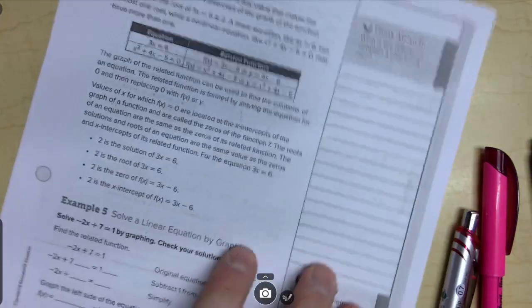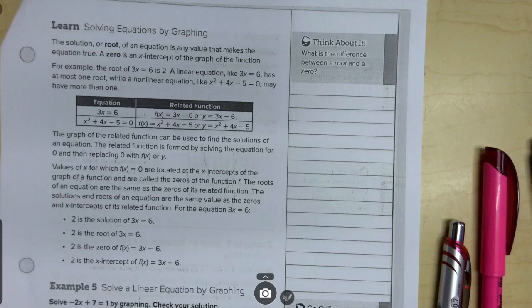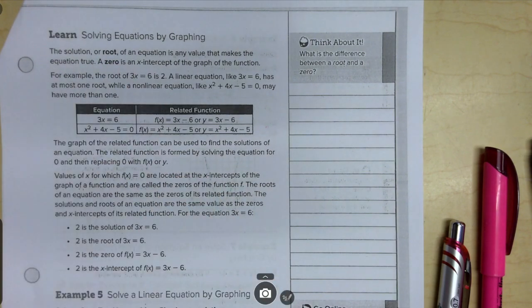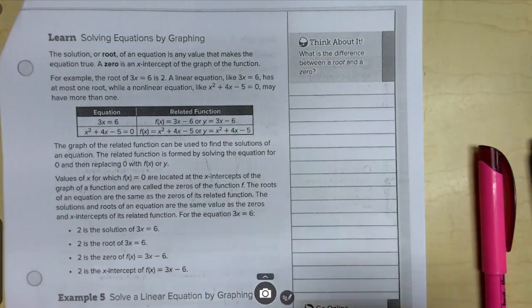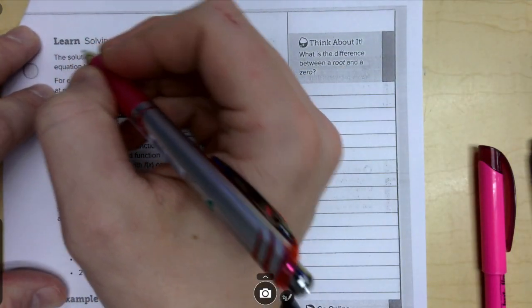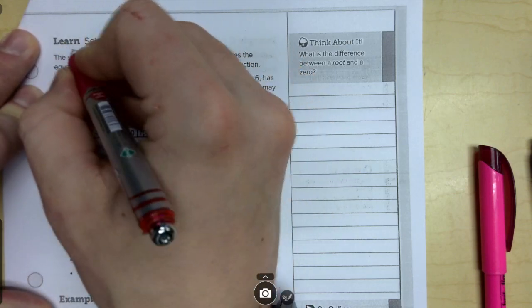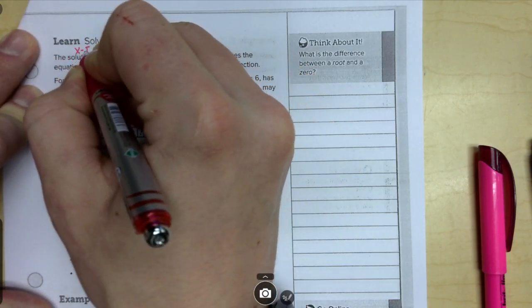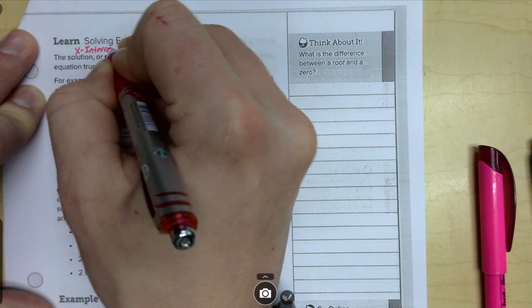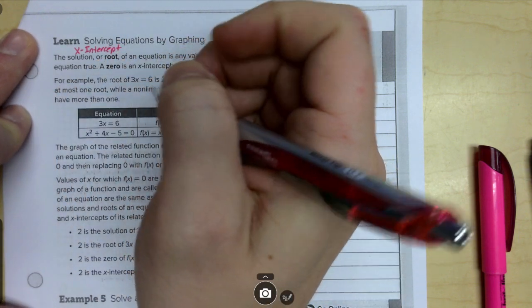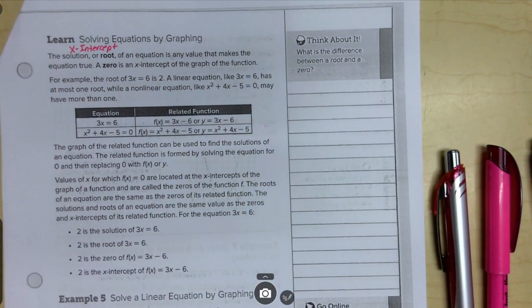Moving along. Solving equations by graphing. All right, here we go. We were talking about this. So, the x-intercept solution or root of an equation is any value that makes the equation true.